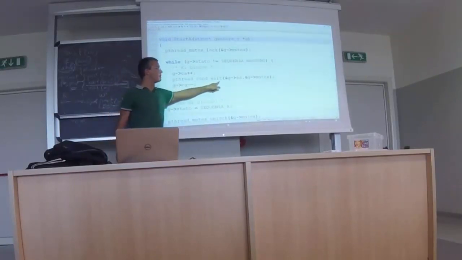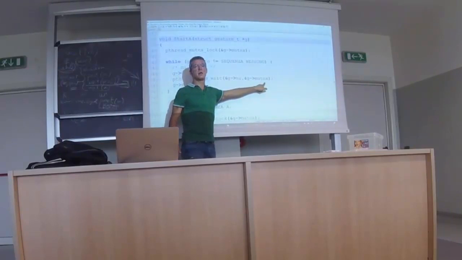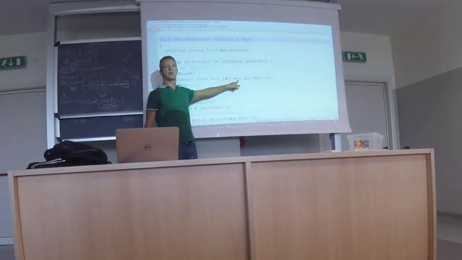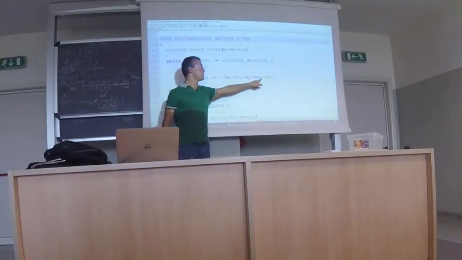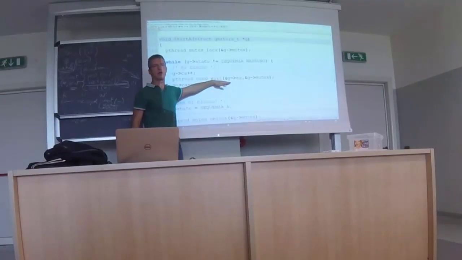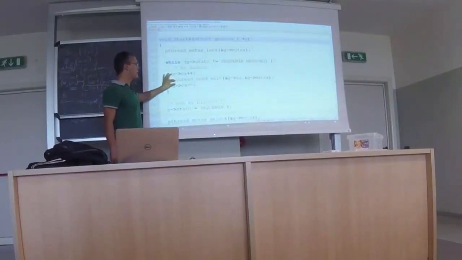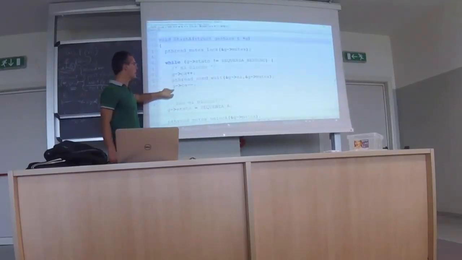The thread can wait, releasing the mutex before blocking. This is the condition variable, and this is the mutex to release before blocking and to acquire after being woken up. And when I wake up, I tentatively try again to get the mutex. When I have it, I continue.